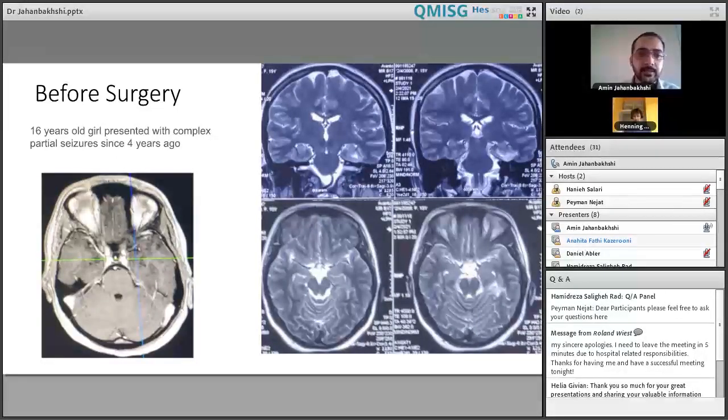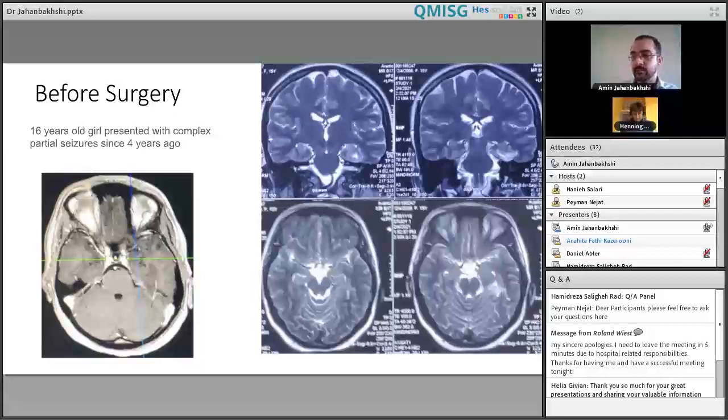This is a case I had recently. A 16 years old girl presented with complex post-traumatic seizures since 4 years ago. On imaging, you can see on the left medial temporal there is a lesion. There is a high intensity in T2 MRI, and you can see on the left side there is no contrast enhancement for this lesion.